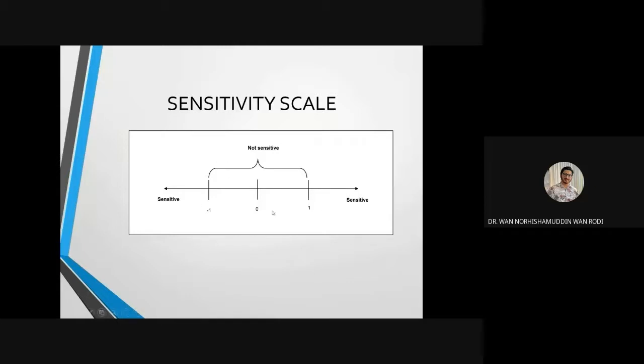So the difference between the positive and negative is in terms of the relationship. As I've mentioned before, a negative relationship occurs when one variable increases, another one will decrease. A positive relationship occurs when one variable increases, another will also increase. So this is the reading of relationship.